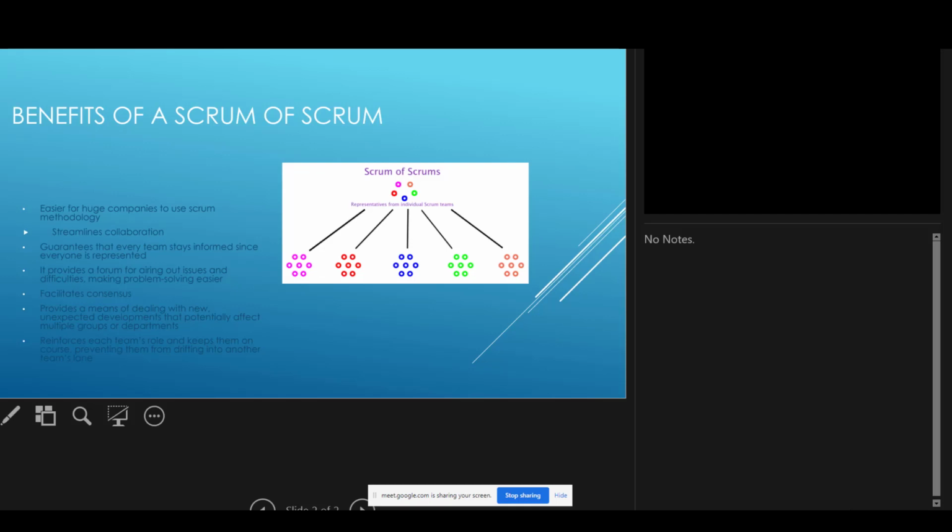It provides a framework for raising issues and difficulties, makes problem solving easier, and facilitates consequences. It provides a means of dealing with new unexpected developments that potentially affect multiple groups or departments. It reinforces each team's role and keeps them on course, preventing them from drifting into another team's lane. So this is my presentation.